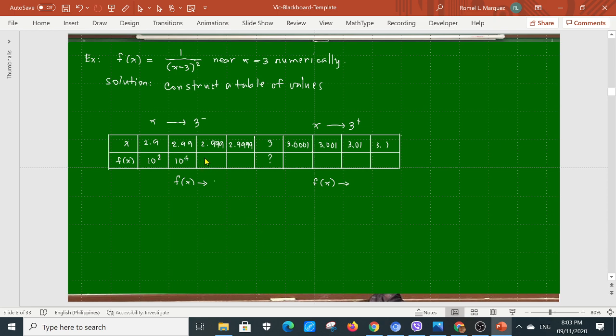What do you notice? If you have 2.999, 10 to the 6. Imagine, 2.9999, 10 to the 8. What do you expect if you have 2.99999? You will get 10 to the 10.